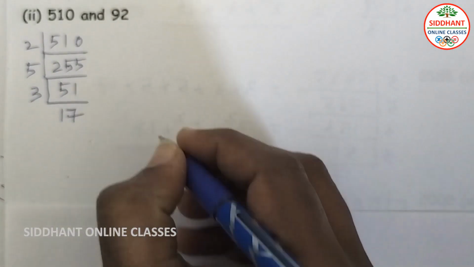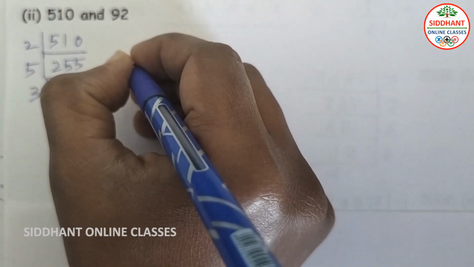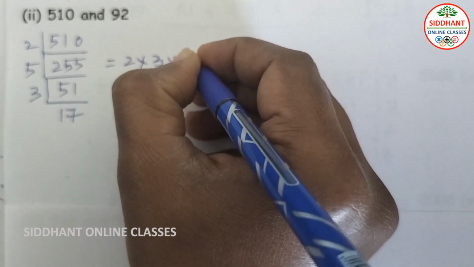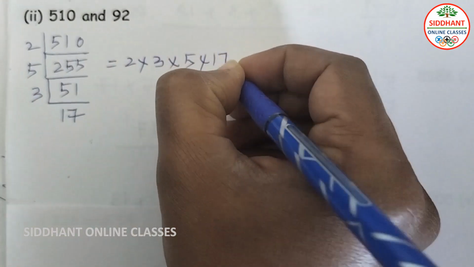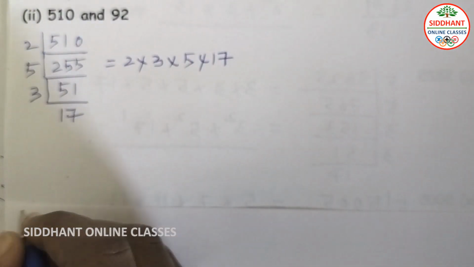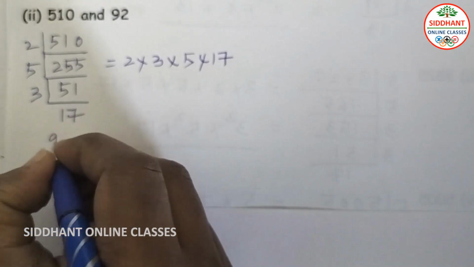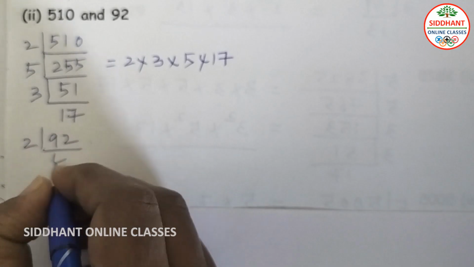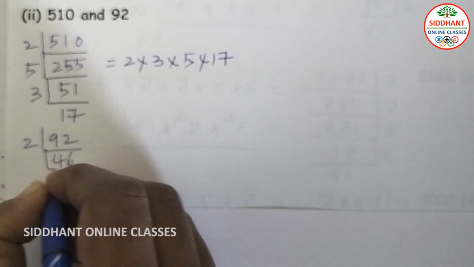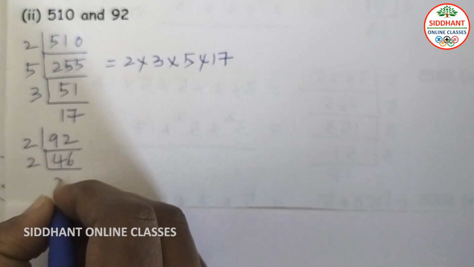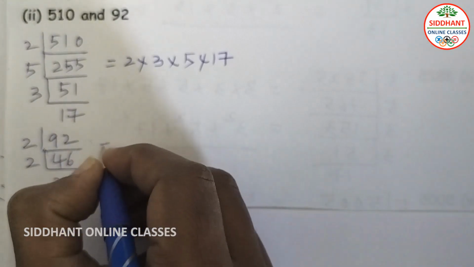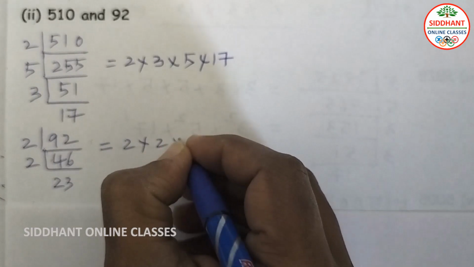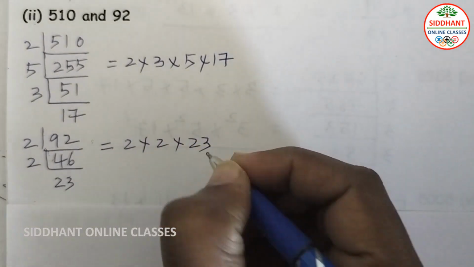So the factors are 2 into 3 into 5 into 17. Next number, 92, divides by 2 to give 46. Again it divides by 2, giving 23. So 2 into 2 into 23.